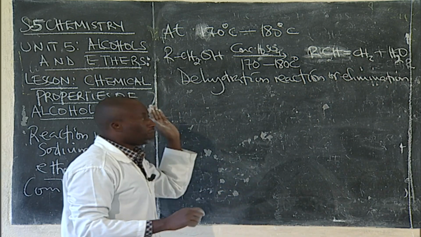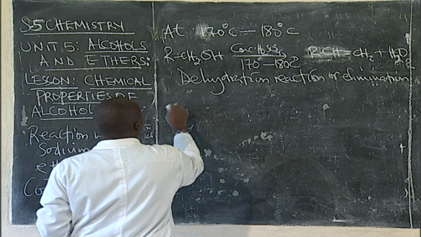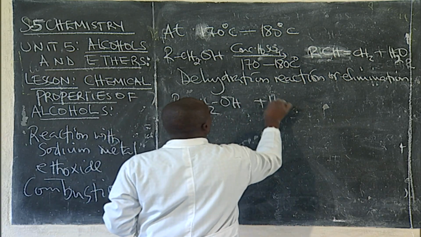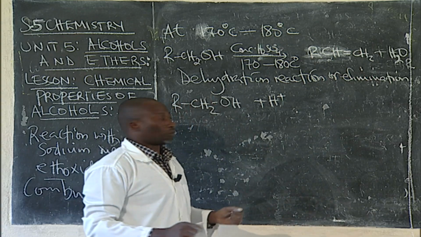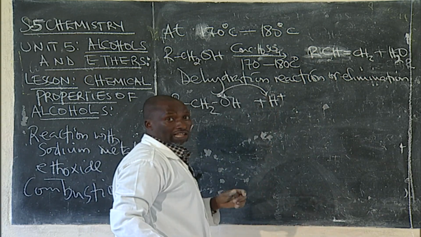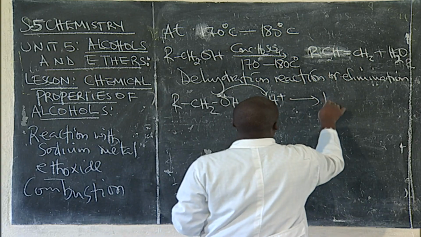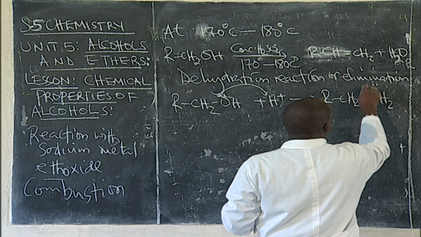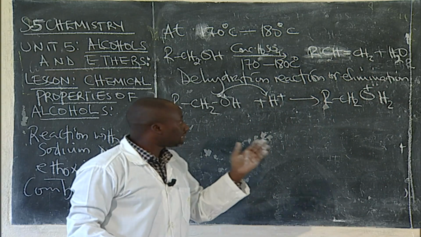What is the mechanism? The mechanism is still the same. You'll have R, CH2, oxygen, plus the proton. The proton is coming from concentrated sulfuric acid, so this one will attack the proton, as we said before. So it will form R, CH2 with OH2 positive. That is the water.